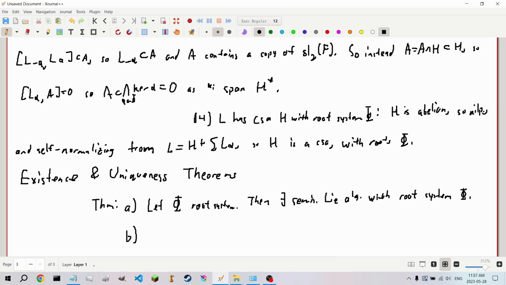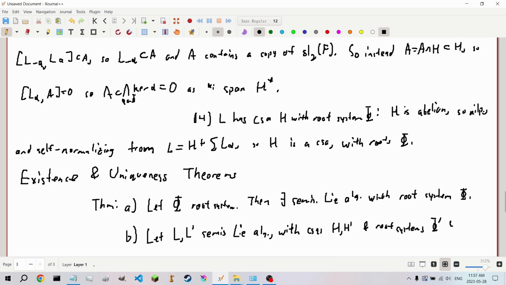Part B is let L and L prime be semi-simple Lie algebras with Cartan subalgebras H and H prime, and root systems phi and phi prime.